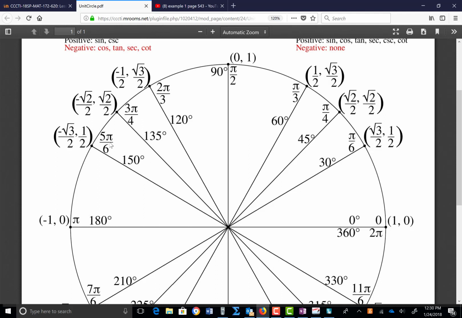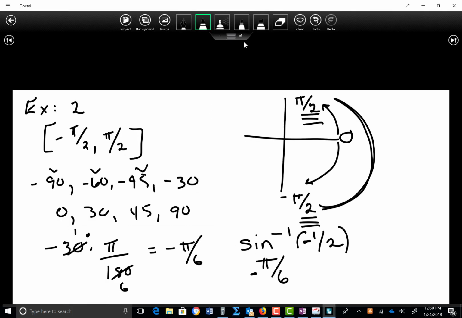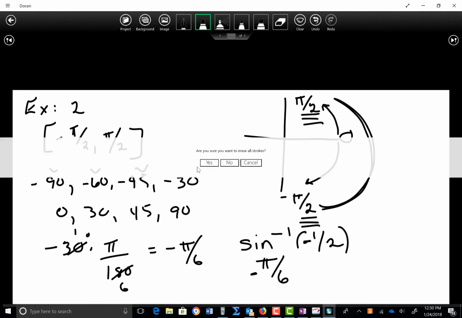For 2d, I have inverse tangent of 1. So it's saying what angle does that come from? The range that we're looking at for tangent, again, is negative pi over 2 to pi over 2. And it is not including the endpoints, if you look at it, it's written this way on page 542.